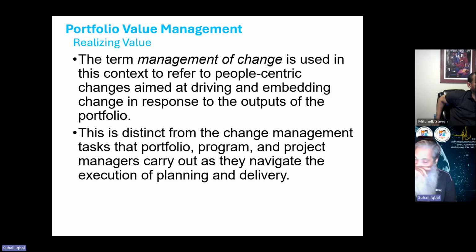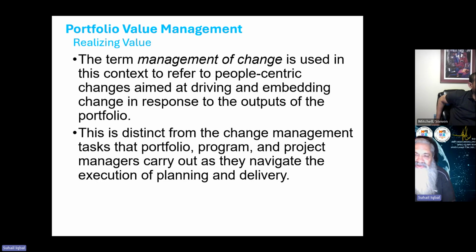Right? So the portfolio manager can provide these kinds of top-down change requests to the programs, though you shouldn't say this is a change request. These changes are pre-approved. So these instructions are being passed to the program and project managers to accommodate these changes.